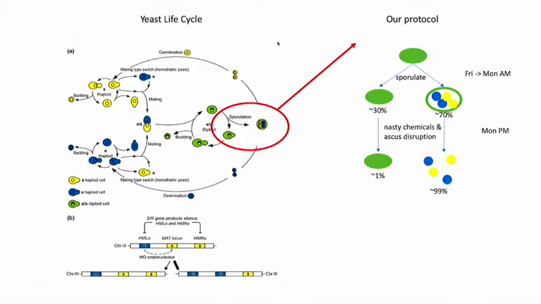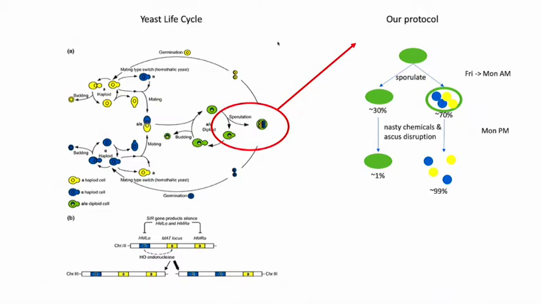Okay, so this is why I showed this slide. Again, what's key in these protocols is that we have these outbred genotypes, and there's this sporulation step. We put these yeast on Friday in what we call a sporulation media, which is basically a media without a sugar source.